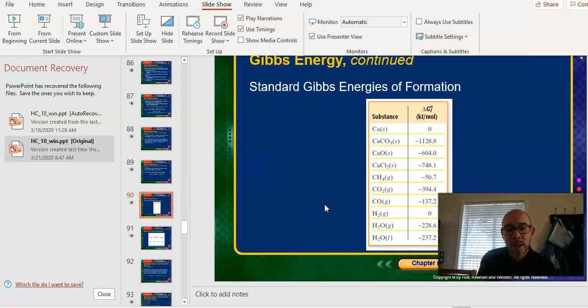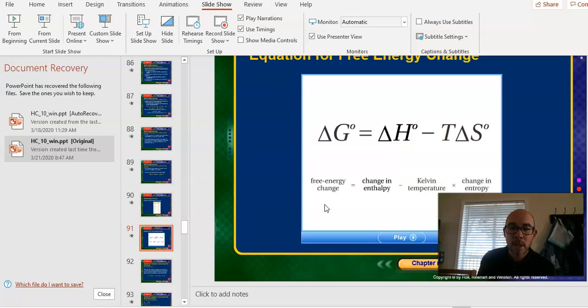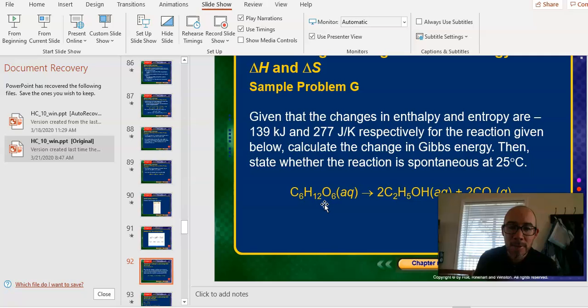There's a few standard Gibbs energies of formation, but you've got that whole list there in that table. So there we go. There's our main equation for this section. They're going to give you the information, or you're going to grab that information off of the chart and plug it into that formula to determine the amount of free energy and spontaneity.